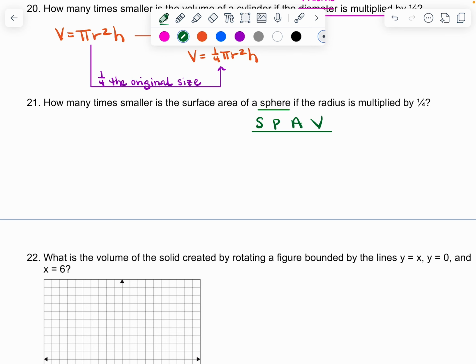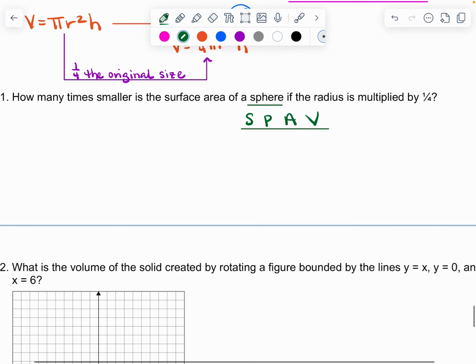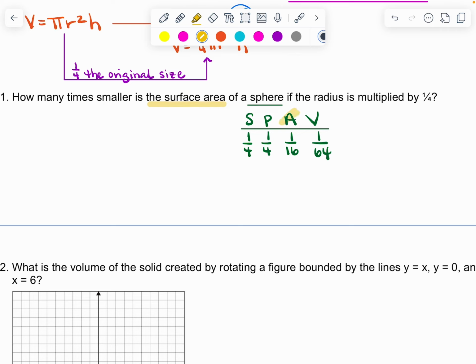Okay, well, again, it's a sphere, and all spheres are similar. So I can just put that information in a SPOV chart if I need to. You don't have to. But it says the radius is multiplied by 1/4, which means the 1/4 is the scale factor in one-dimensional land, which means the perimeter is 1/4, which means the area is 1/16, which means the volume is 1/64.